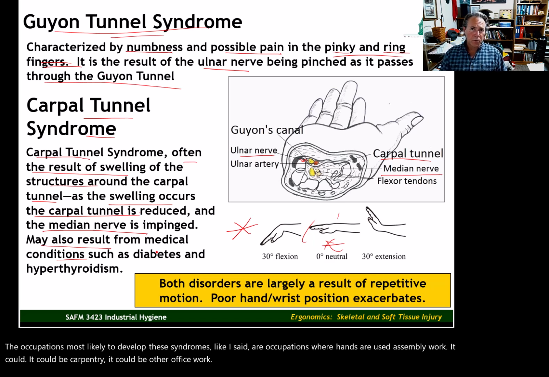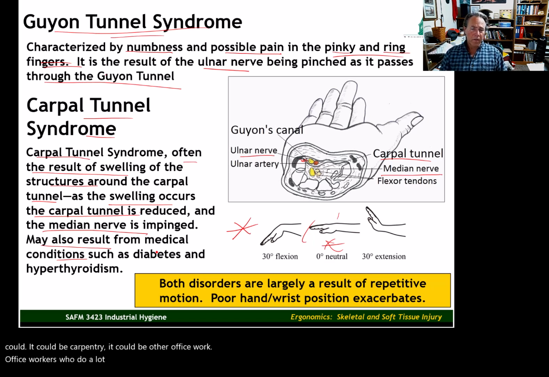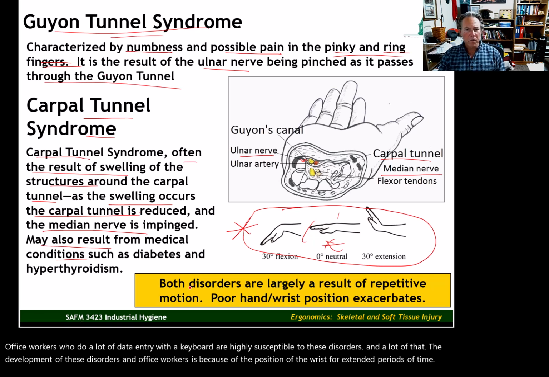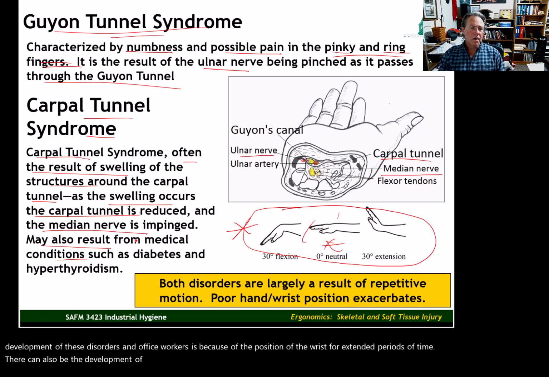Office workers who do a lot of data entry with a keyboard are highly susceptible to these disorders, and a lot of the development of these disorders in office workers is because of the position of the wrist for extended periods of time. There can also be the development of these disorders from overexertion, but usually it's repetitive motion types of tasks that result in these disorders.